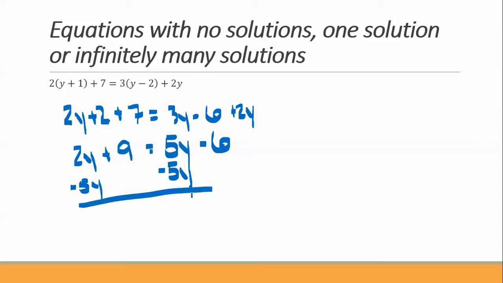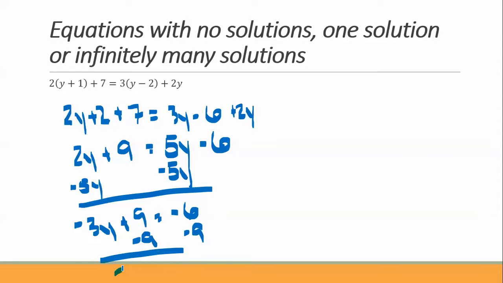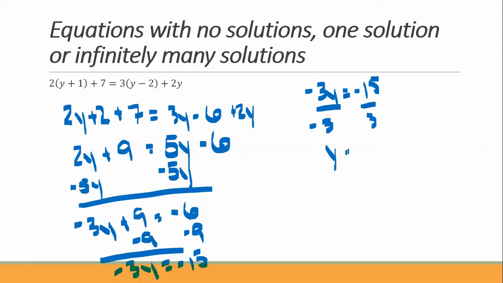We have negative 3y plus 9 equals negative 6. Subtract 9 from both sides and we get negative 3y equals negative 15. Divide both sides by negative 3 and we have y equals positive 5.